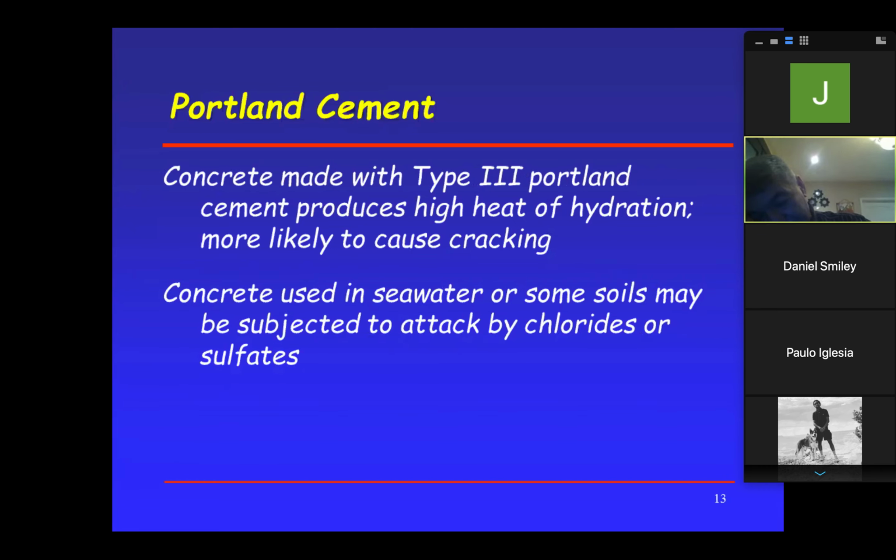If you drive along the coast, you will see how the sulfate and the chloride just attack the concrete. It's very obvious. So you have to be careful if you're building near seawater, because even if it's not in touch with the water, the evaporation is going to carry the salt with it and then attack the building.